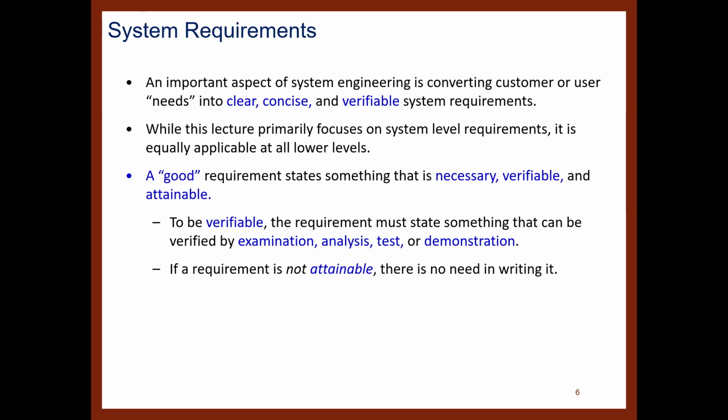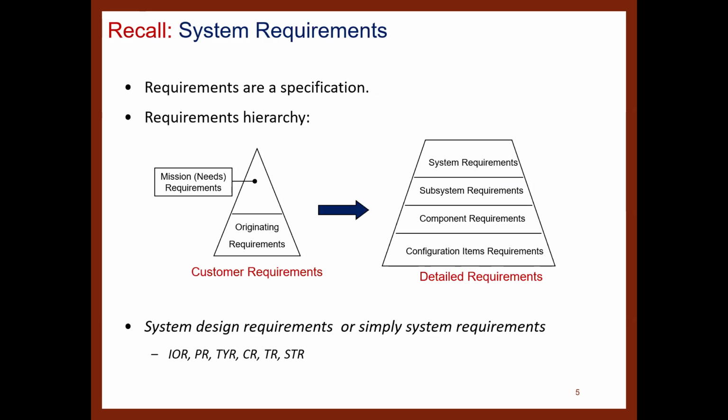So I have clear, concise, verifiable requirements. Since in this lecture we're focusing on the system level requirements, this is equally applicable to lower level system requirements, like in this hierarchy, for example, subsystem, component level requirements and so on.